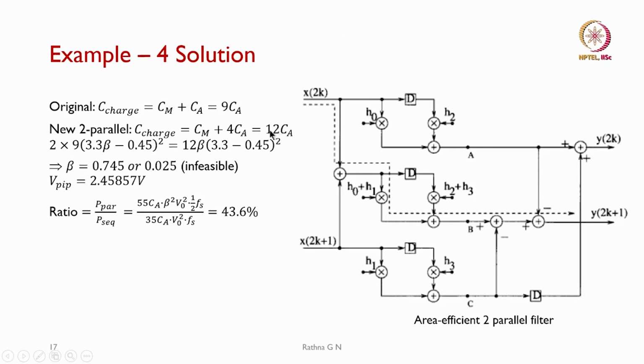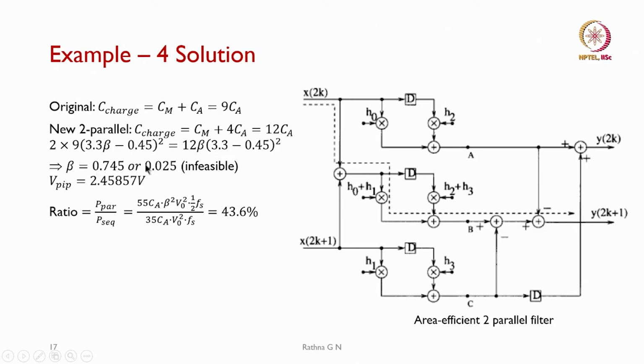So, which is equivalent to 12 times your original adder capacitor. So, if we substitute in this, because here also it is 2 parallel section, 2 into 9 we will be achieving this equivalent to 12 times beta into 3.3 minus 0.45 whole squared. So, then beta turns out to be 0.745 or 0.025.